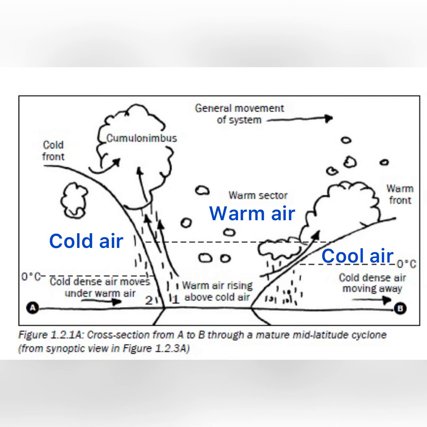Okay, now when the cold air reaches the warm sector, right, it goes underneath the warm air, right? The warm air will now rise. Okay, as it rises, remember, cold dense air does not rise. Cold air doesn't rise.